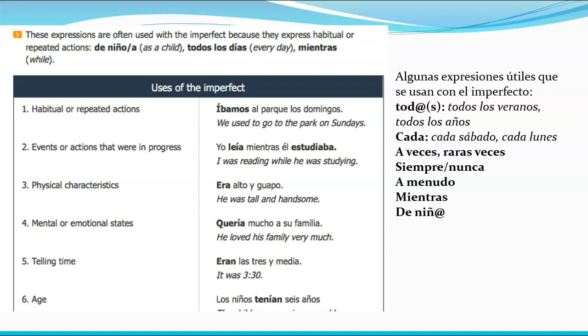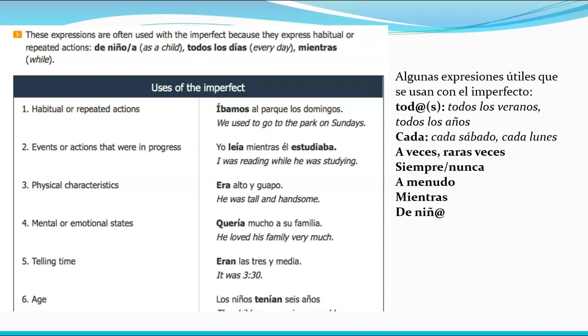We use the imperfect to describe physical characteristics in the past, like era alto y guapo, so he was tall and handsome. But also for mental and emotional states, so something like quería mucho a su familia, so he loved his family very much. We could say something like estaba enferma, she was sick. That's more of a physical characteristic.